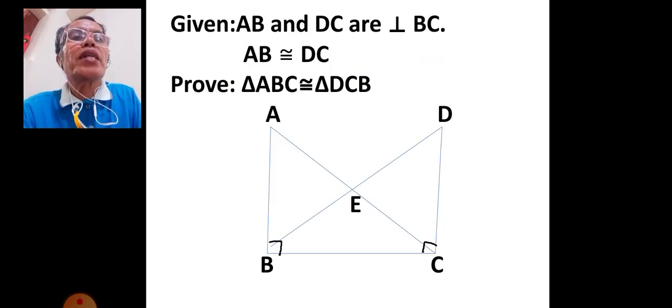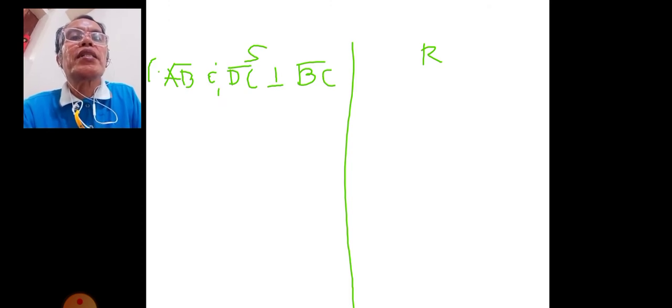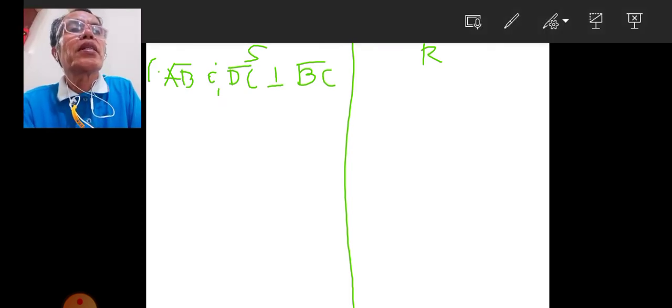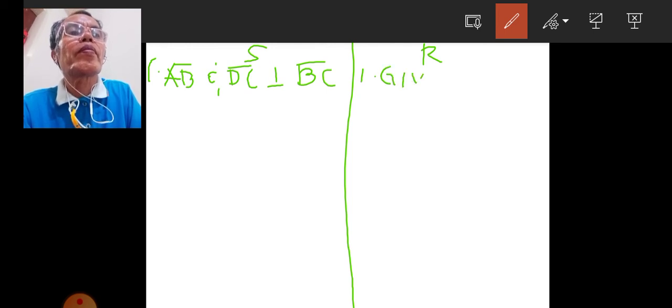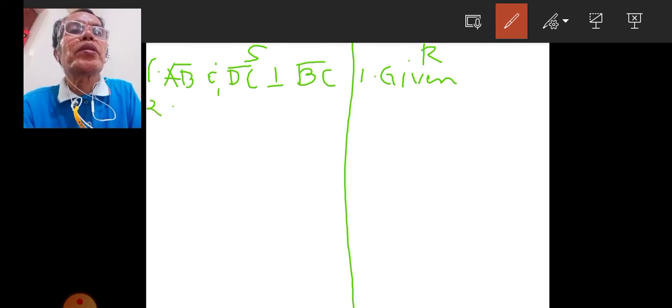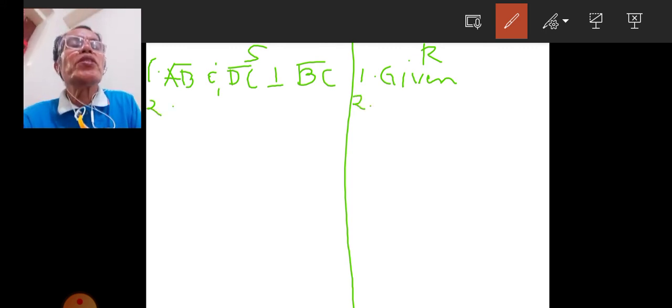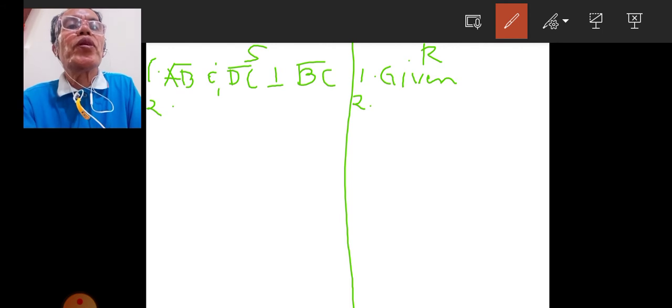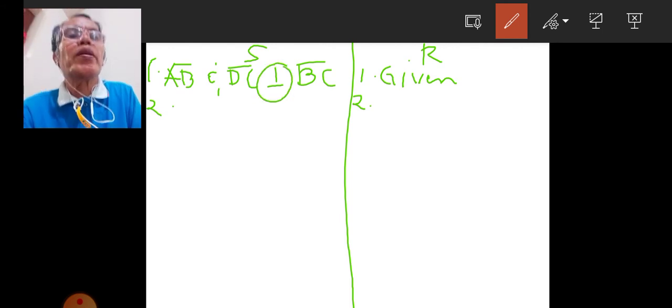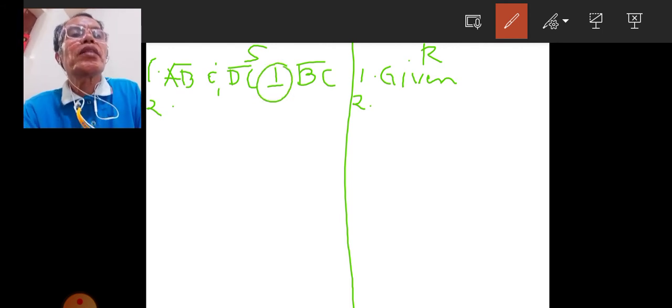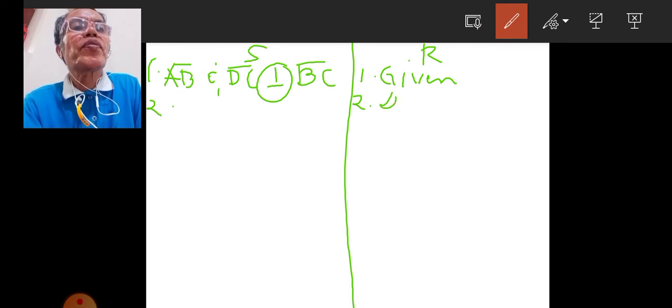Okay, AB and DC perpendicular, so that is given. Okay, statement number 2, reason number 2. Reason number 2 can be anticipated. You have the word perpendicular. So therefore, the reason must be definition of perpendicular lines.